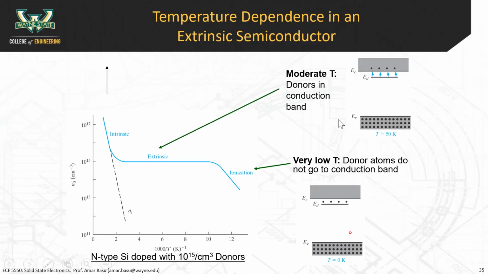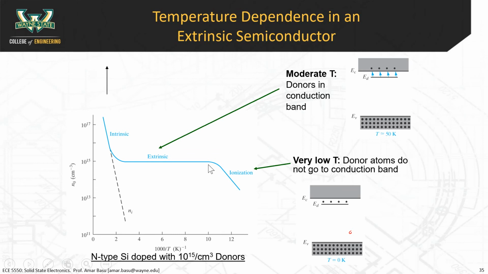At moderate temperatures, there's enough temperature for the electrons in the donor level to go into the conduction band, and it doesn't take much temperature to do that. 50 Kelvin is all it takes. 50 Kelvin is right about here where my mouse is.